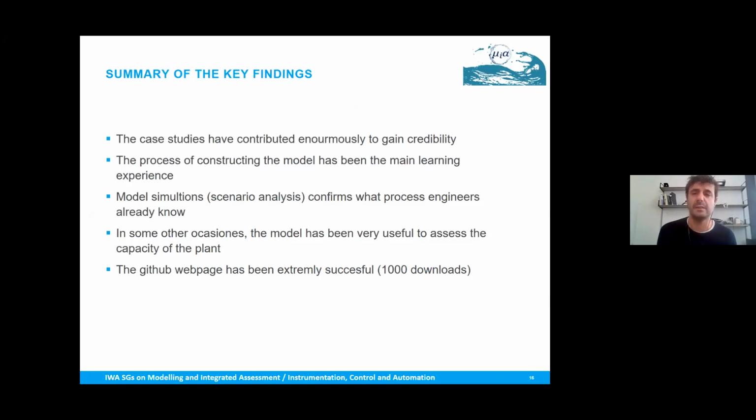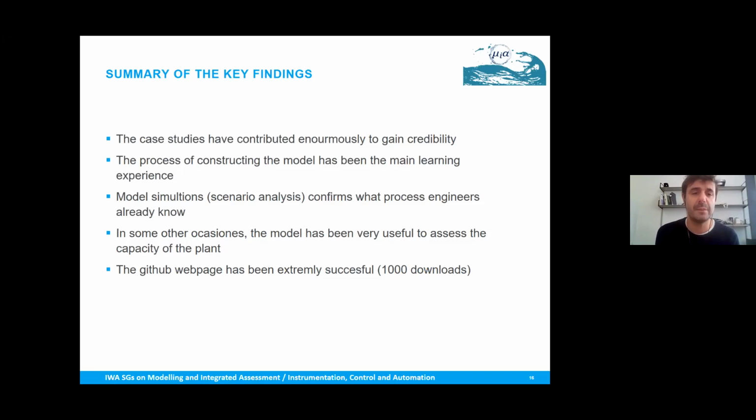We realized as well that the process of constructing the model, taking the samples from the plants and calibrating was the main learning experience. And most of the simulations that we have conducted confirm just what process engineers already know. But of course, on some other occasions, they can provide some surprises, for example, when it comes to assessing the capacity of the plant.